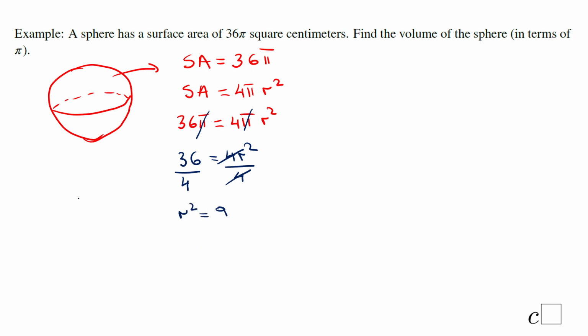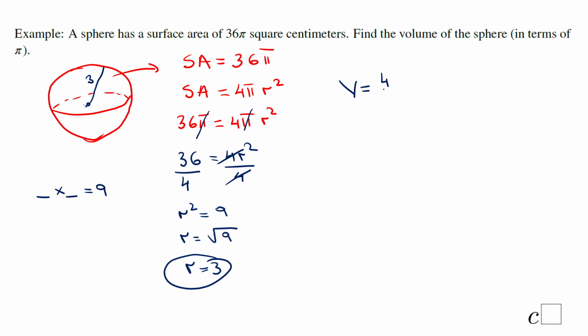And now, very similar, we're looking for a number that times itself is 9, or take what is called the square root. That number will be 3. The radius of this sphere, for which the surface area is 36 pi, is 3. So now we can find the volume. If you remember, the volume is 4 over 3 pi r cube.